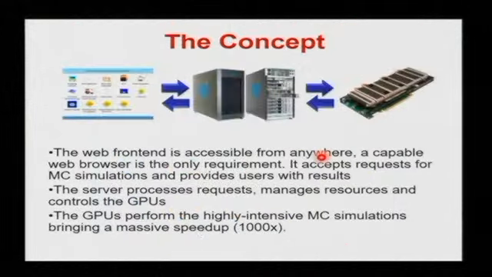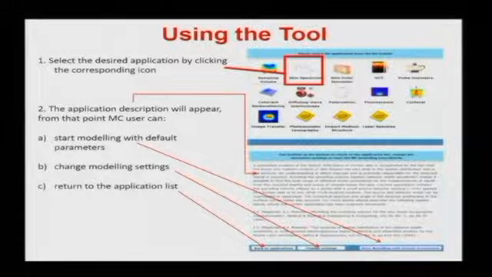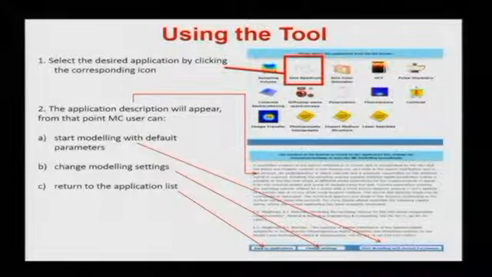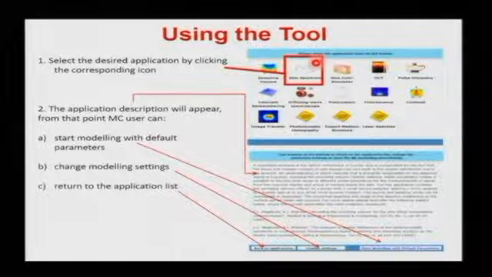Okay, so how does it work now? You select one of the applications in the web browser, and it goes to the server, and then it relates to this GPU unit that actually does all these calculations. For example, in our case, it looks like that. So you press in here, then you come into this application.